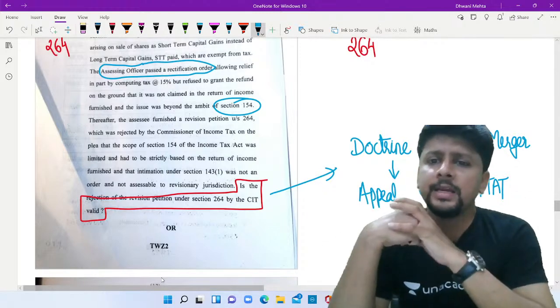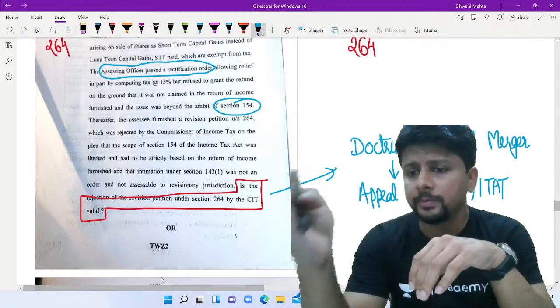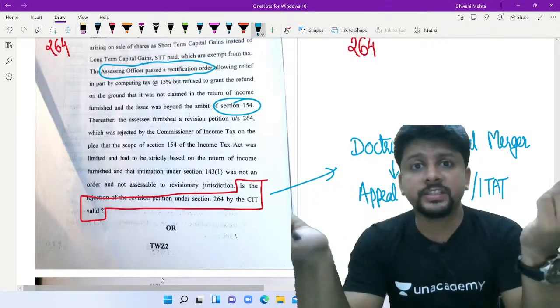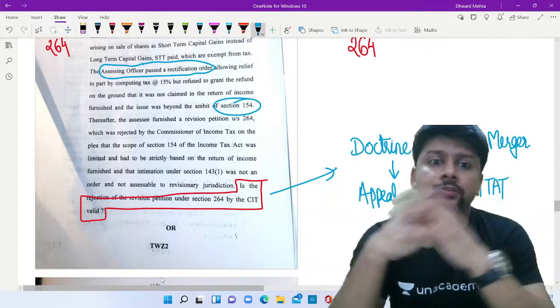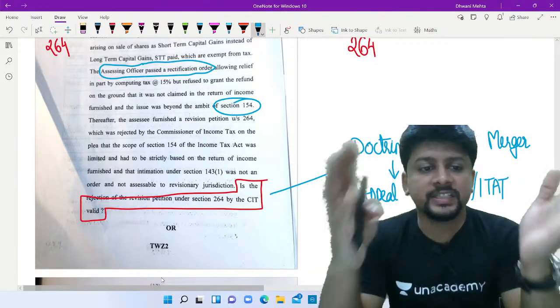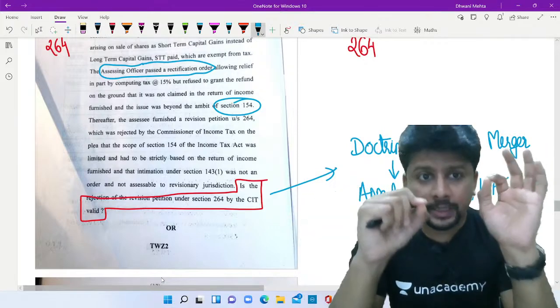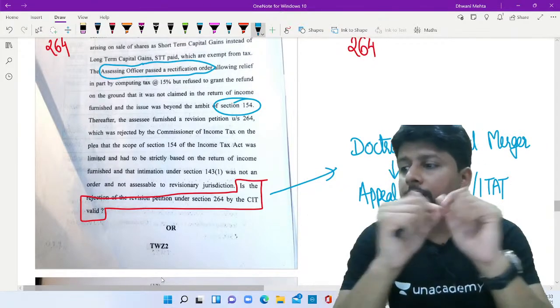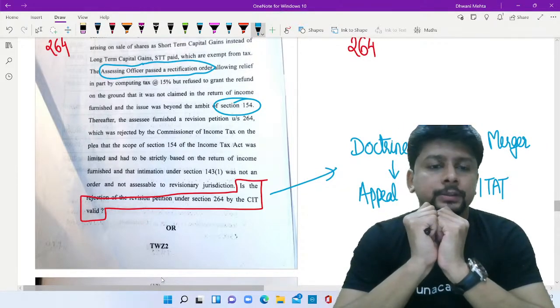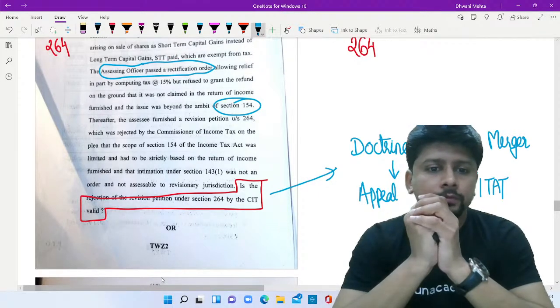There is never any appeal made. The assessee has not filed any appeal with Commissioner Appeals or ITAT. So the question of discussing the doctrine of total merger does not arise here. Revision petition can be maintained. The CIT is wrong in this, because what can be revised is the rectification order passed by the assessing officer, and that rectification order definitely can be revised.